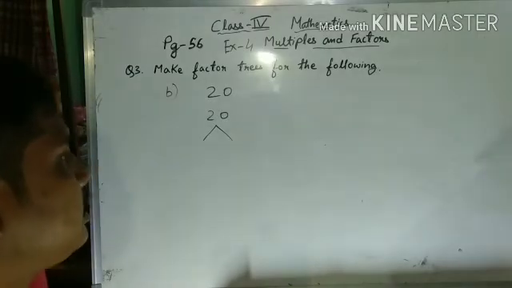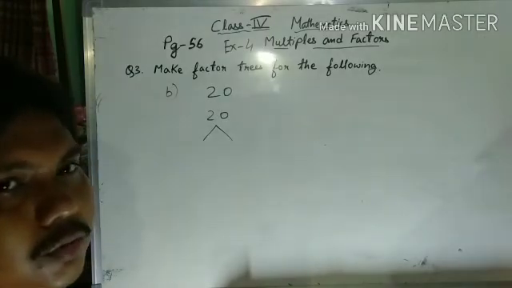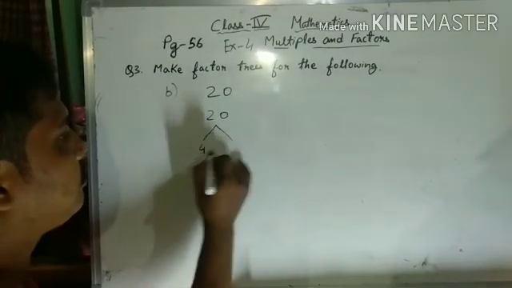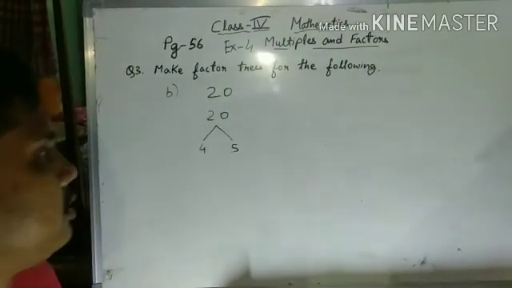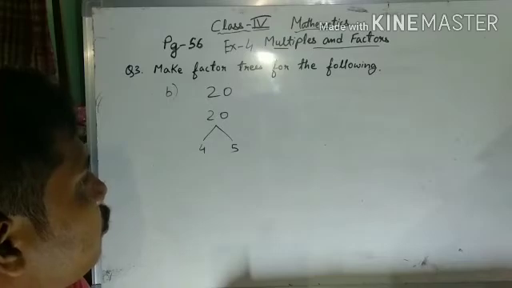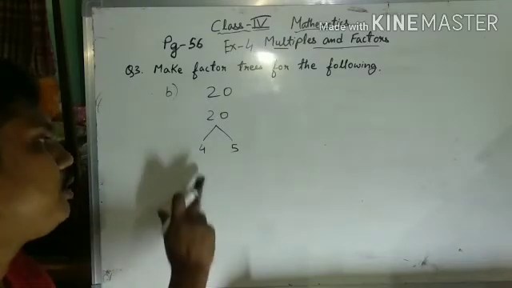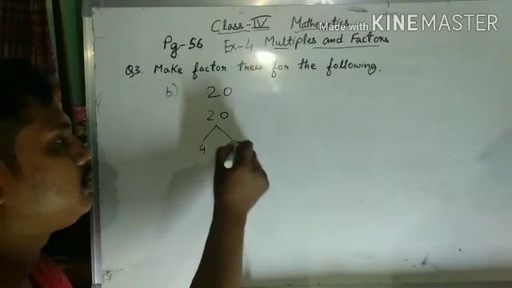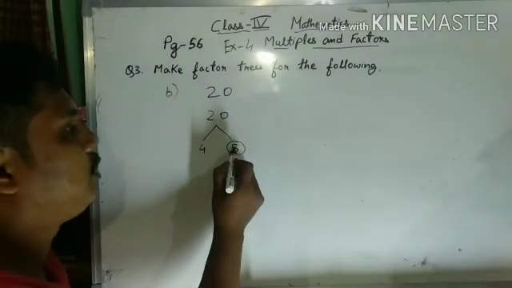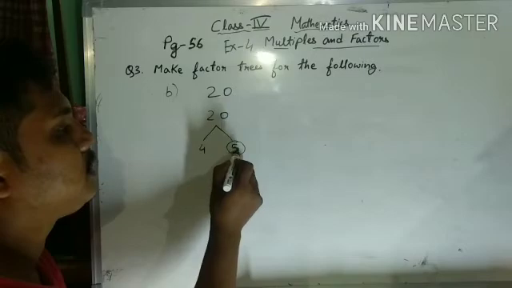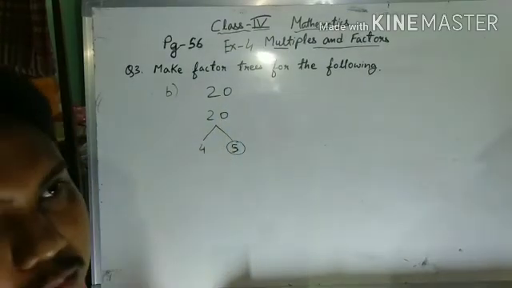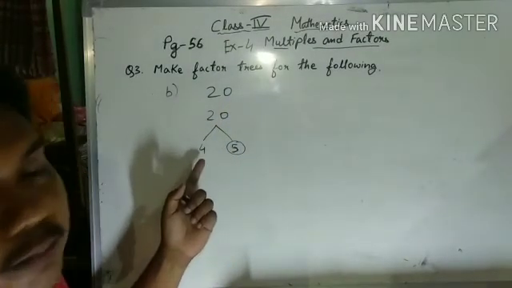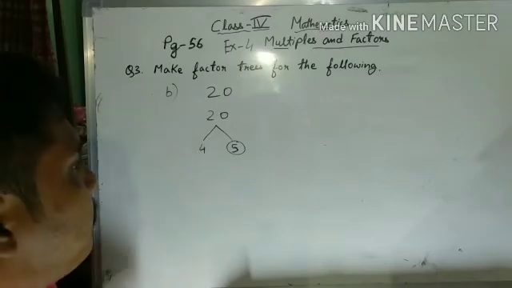Let's see here. I am taking 4 fives are 20. Now we have to see which is prime. 4 is not a prime, 5 is a prime number, so we circle this. We have to circle the prime numbers. Since 5 is prime, I have circled 5. I cannot circle 4 because 4 is not a prime.